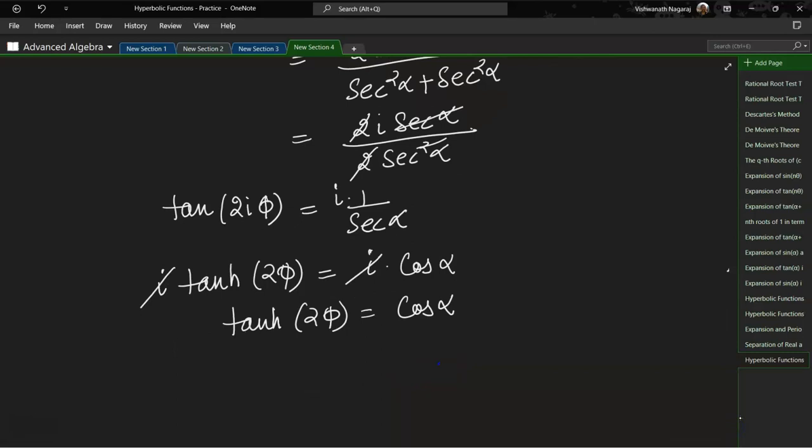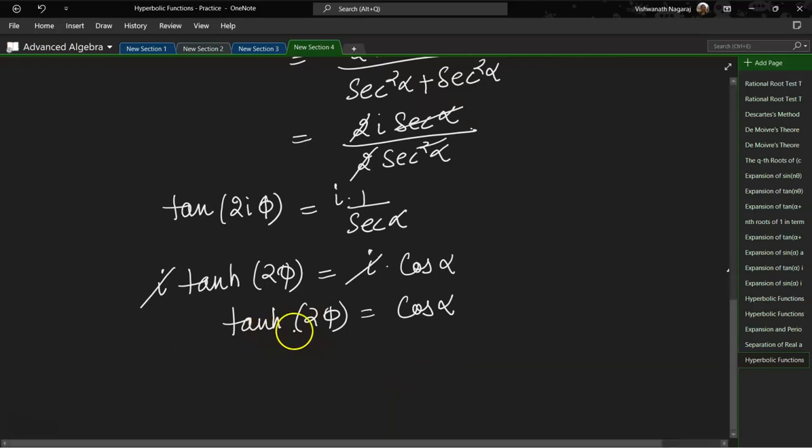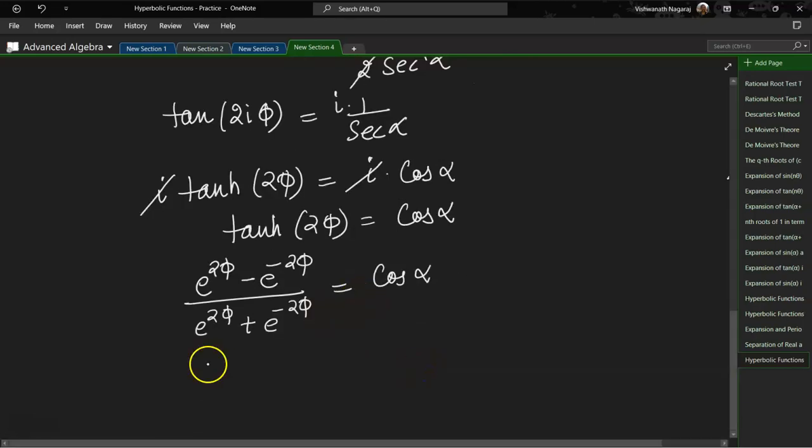Now remember, we have to show e to the power of 2 phi, right? Which means we need to convert this hyperbolic tan to the exponential equivalent. So let's do that. We get (e^(2 phi) - e^(-2 phi))/(e^(2 phi) + e^(-2 phi)), and this would be equal to cos alpha. Okay, now let's take the denominator to the other side.